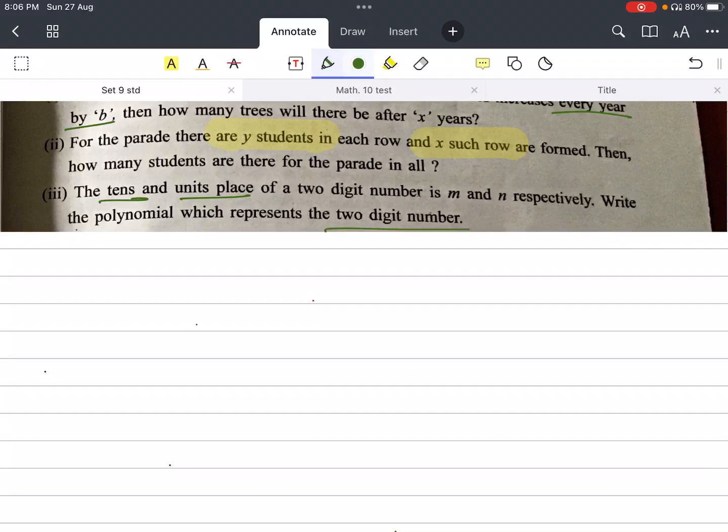Before we talk about it, let's assume this is the tens place, this is the units place. So in this case, the two-digit number has m and n respectively. Let's assume m for the units place and n for the tens place.